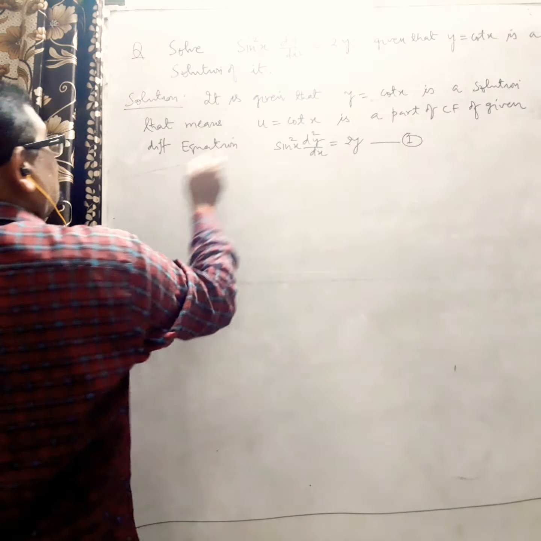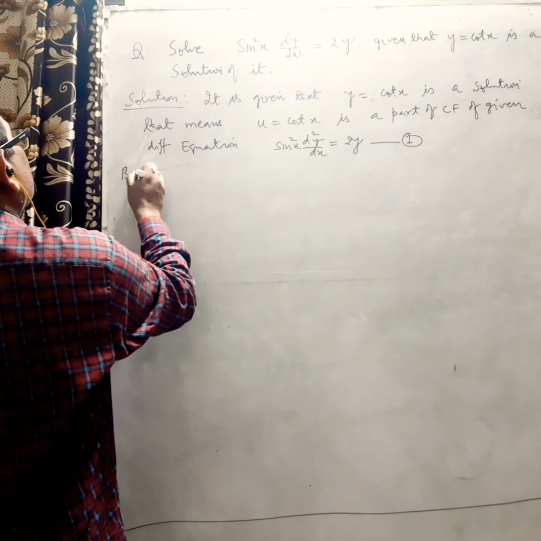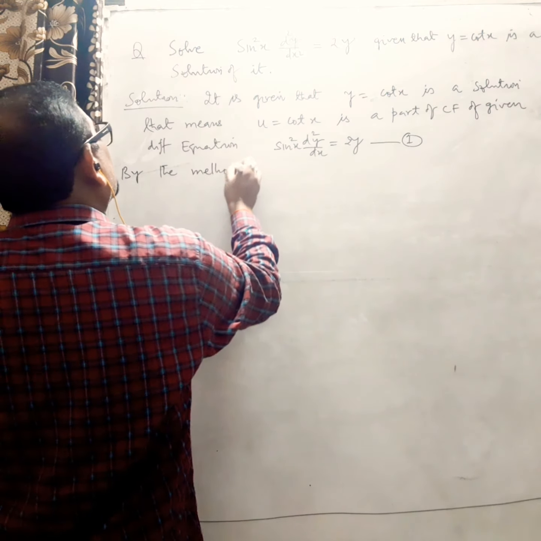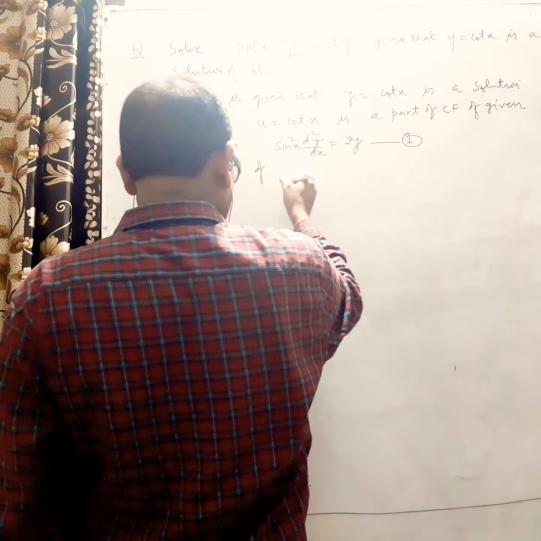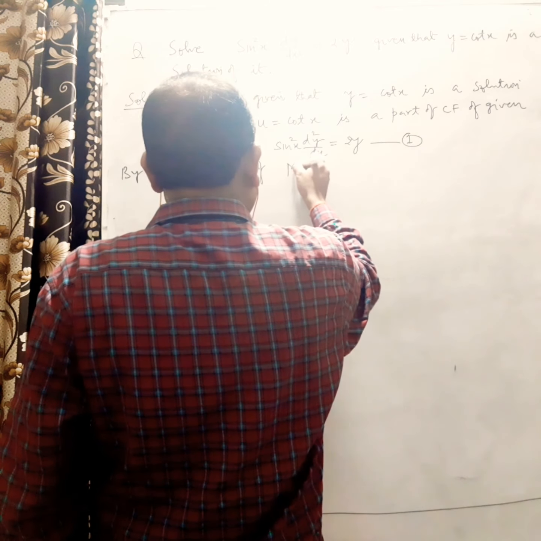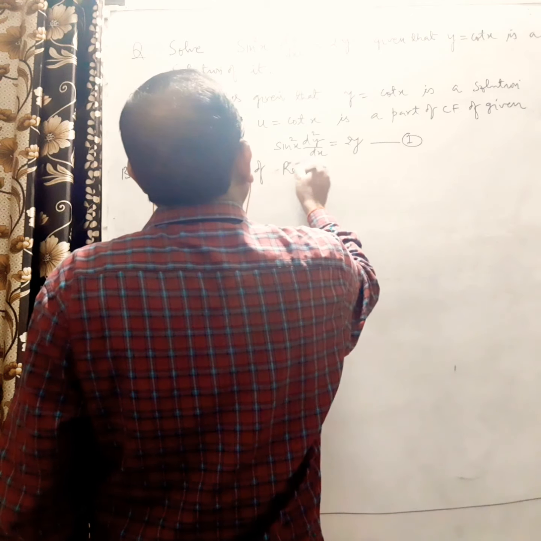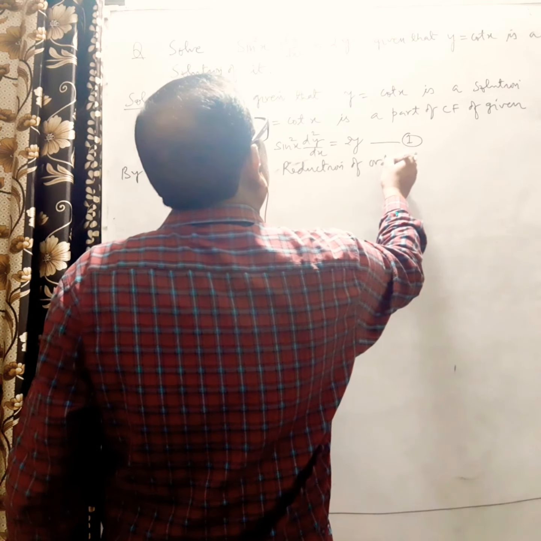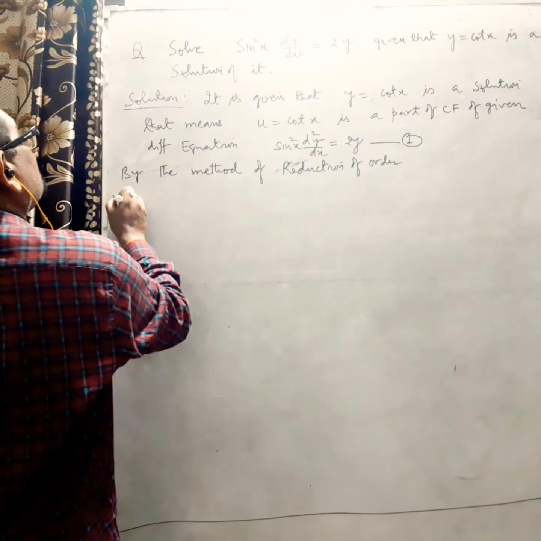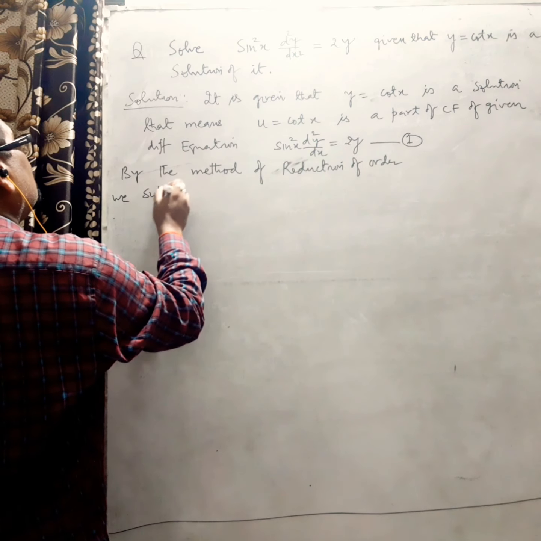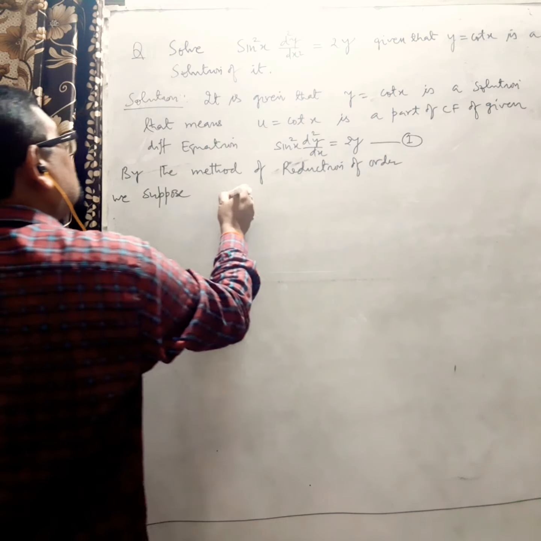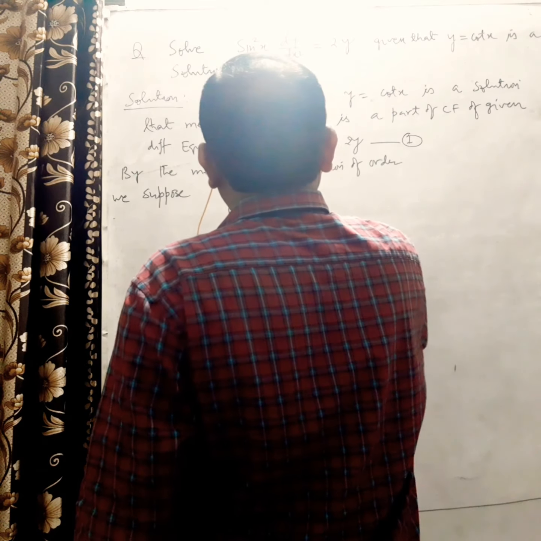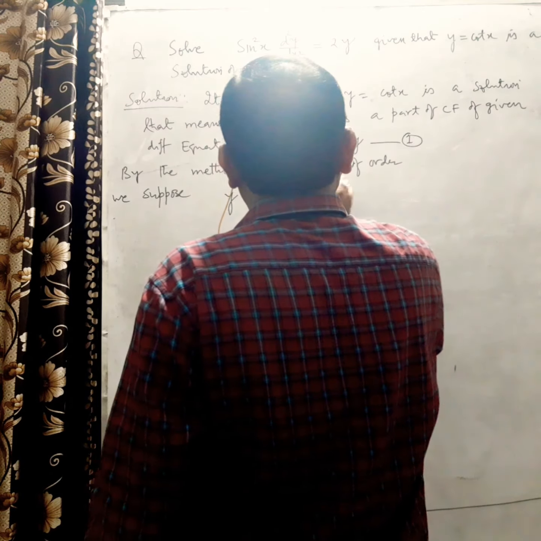Now we suppose, by the method of reduction of order, y is equal to u, that is cot x, into v.